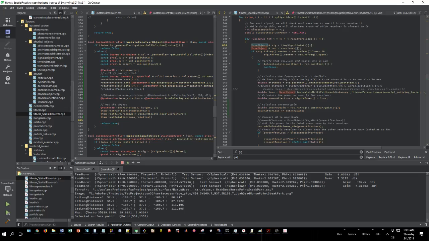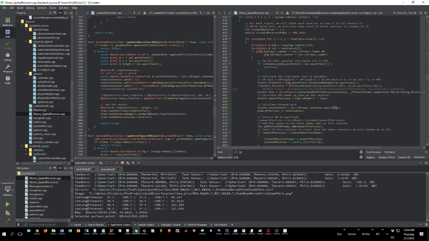Transceiver object inherits from a physical object, which has X, Y, Z, and orientation and all those things. So with the transceiver object received, we get the position inside of here, and it tells whether or not that signal is within the beam width of that antenna. And if it is, it'll return a parabolic interpolation from peak power to half power, as well as estimating the antenna efficiency based off of the beam width.